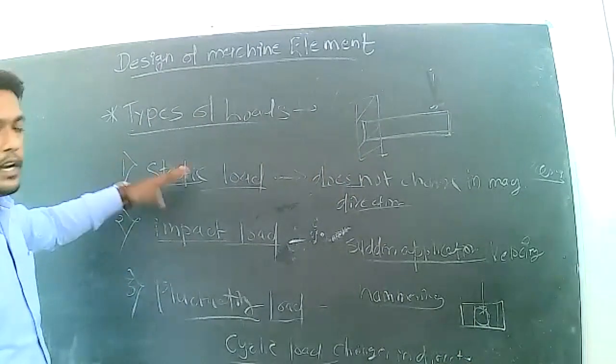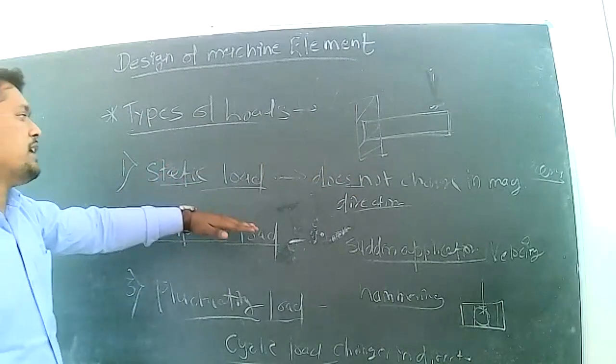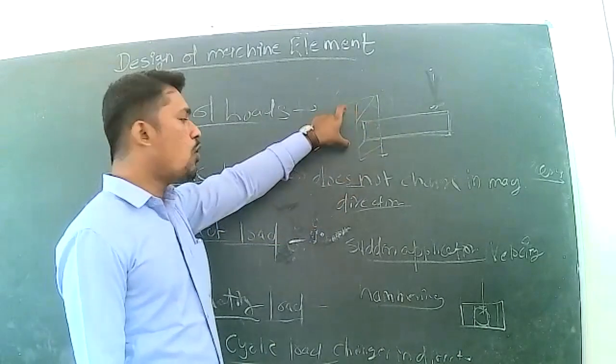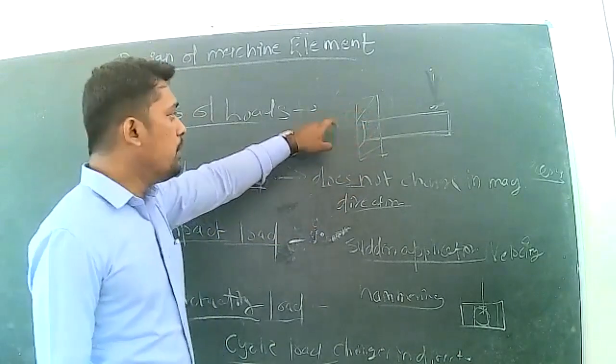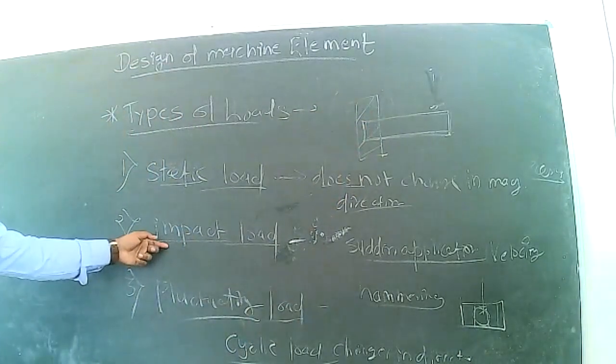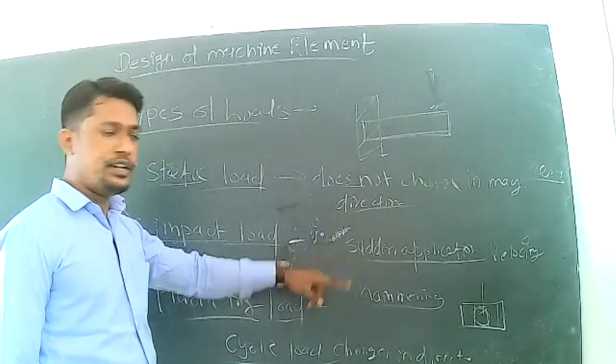First one is static load. Static load is nothing but a constant load. It does not change with direction or magnitude. The example is a concrete beam or the beam in your home. Impact load is nothing but the sudden application of load with the help of velocity.